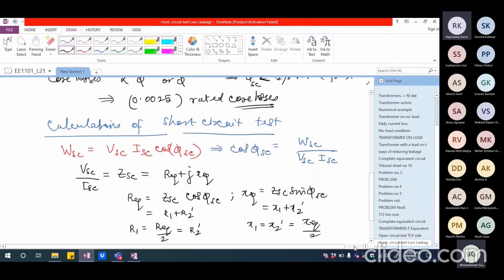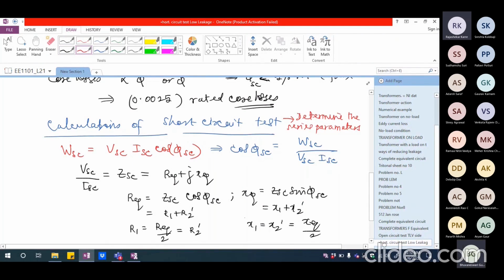Okay, got it? So the short circuit test allows us to determine the series parameters of the transformer equivalent circuit. The open circuit test allows us to determine the shunt parameters, whereas the series parameters are determined by the short circuit test.